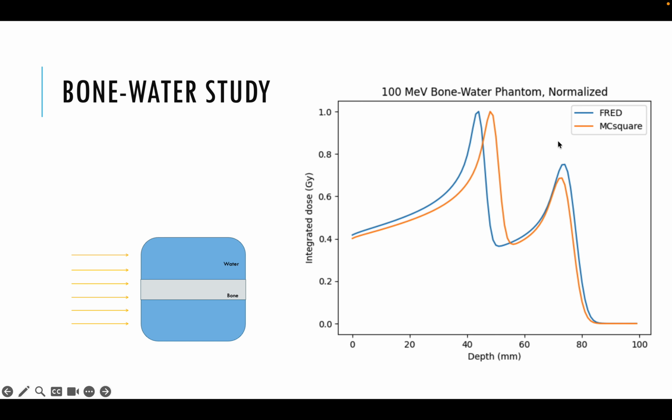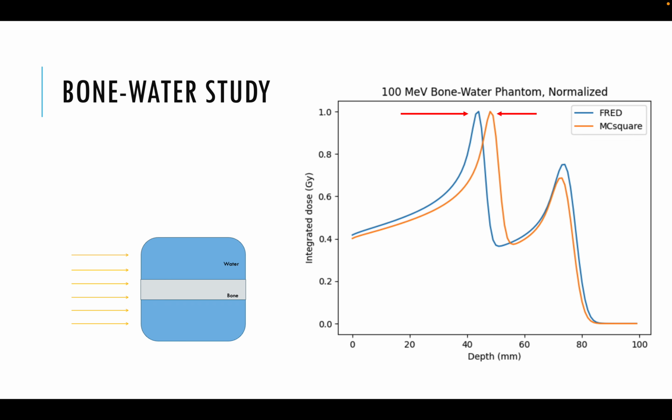Another thing that is quite noticeable is that the Bragg peak in bone does not agree in both those engines. They differ by at least 5 millimeters, while in water they may differ by maybe 2 or 3 millimeters. But I can fix this difference because I just realized, today, when I was able to solve the problem of the single voxel, that the center in MC square is not the same as FRED.